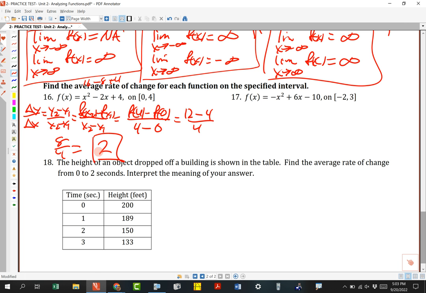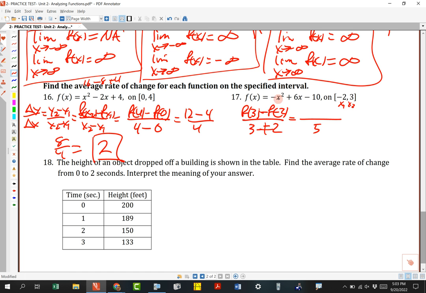And then on this one, I'm going to do this a little more quickly. So this is x1, this is x2. We're going to do 3 minus the negative 2. Then I'm going to do f of 3 minus f of negative 2. So this turns out to be a 5, because this is going to be a plus. And then I've got f of 3.